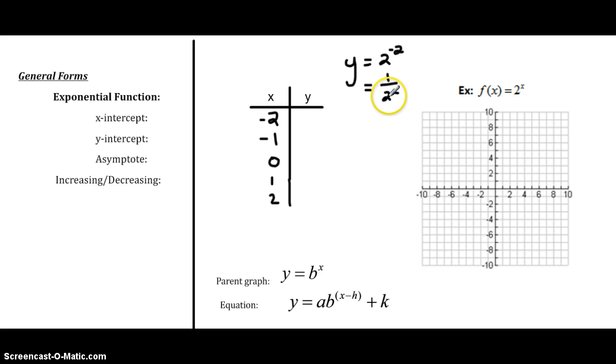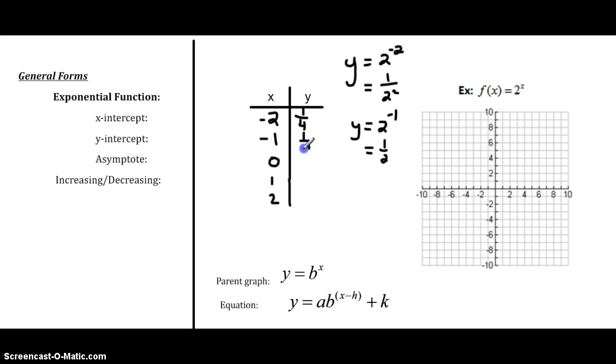So 1 over 2 squared would be 4, so our y value is 1 over 4, or 1/4. For our -1, we would have 2 to the -1 power, and that would be equal to 1 over 2, because again the negative exponent moves it down and we lose the sign.